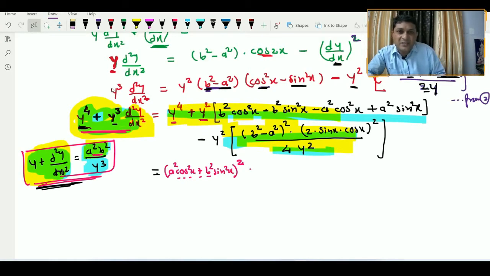Now here also we are substituting the value of y square, which will be equal to a square cos square x plus b square sin square x, isn't it? Into this whole term, keep it as it is.